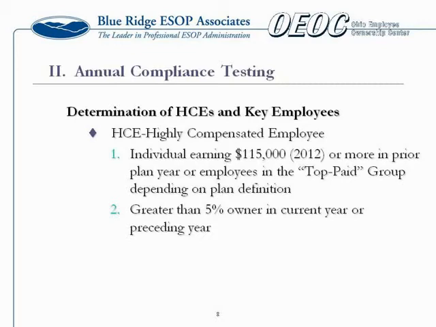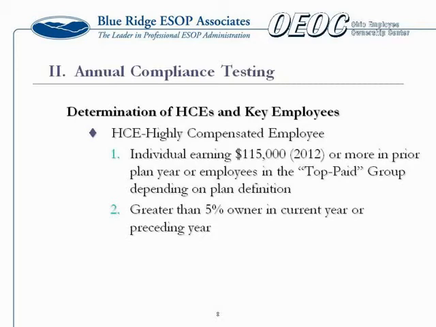So you can see on this slide the definition of highly compensated employee: an individual earning $115,000, which was just inflation adjusted up for this year, or more in a prior year, or in your plan document. Of course, you have an individually designed ESOP plan document. You could have included, and some of our clients do have, a top paid group definition.